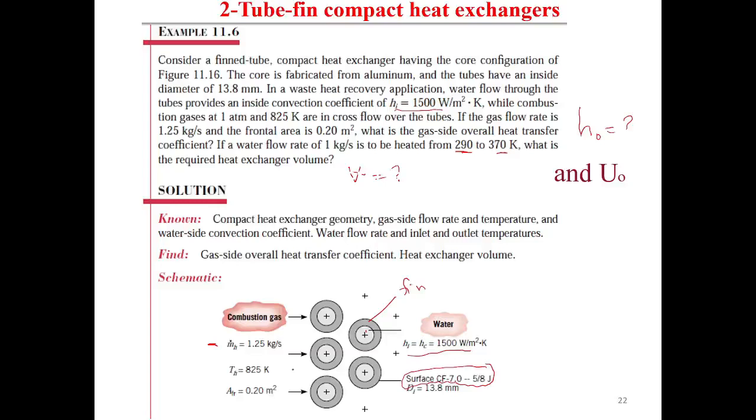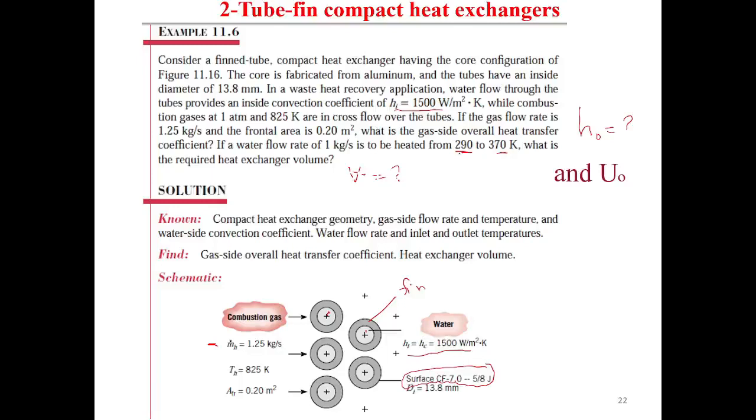In addition to this, he also gave another piece of information. He said that the flow rate of water is 1 kilogram per second, to be heated from 290 Kelvin to 370 Kelvin.